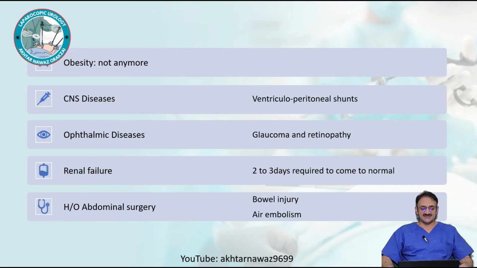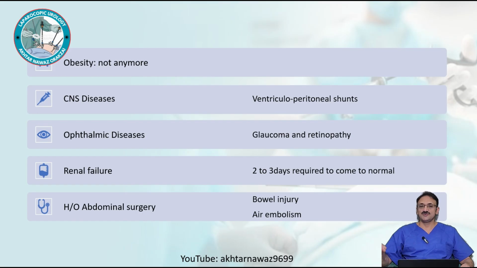So here we can see that these are the relative conditions, the CNS diseases like we have already discussed, VP shunt, renal failure. In renal failure, a lot of research has shown that patients with end-stage renal disease or chronic renal disease fare better by undergoing laparoscopic nephrectomies as compared to open nephrectomies.